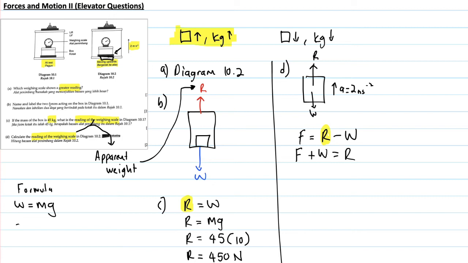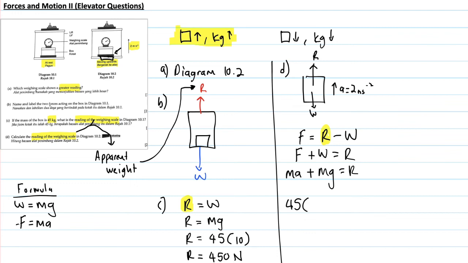Now, when we go back to our list of formulas right here, we know that the resultant force not only equals upward force minus downward force, it also equals ma. This is Newton's second law. Now, what we can do is replace F and W with ma and mg. So F, we replace with ma, W, we replace with mg, equals R. The m value is 45, so we go 45.